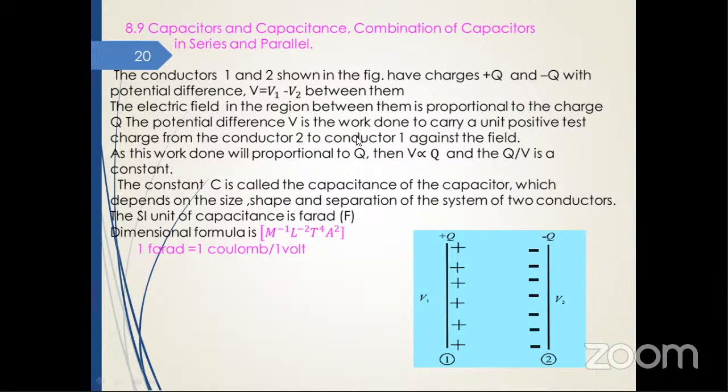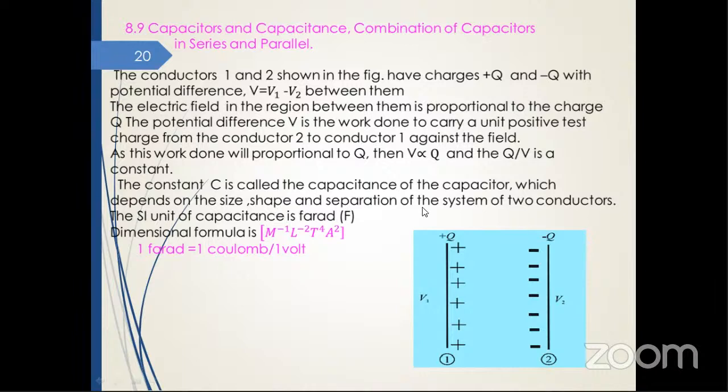Now here we are going to see how the concept of capacitance arises when we put these two conductors 1 and 2 in the vicinity of each other. This proportionality constant, the ratio Q upon V, the charge upon the potential difference, is constant, and that constant is called the capacitance of the capacitor, which depends on the size, shape and separation of the system of two conductors.